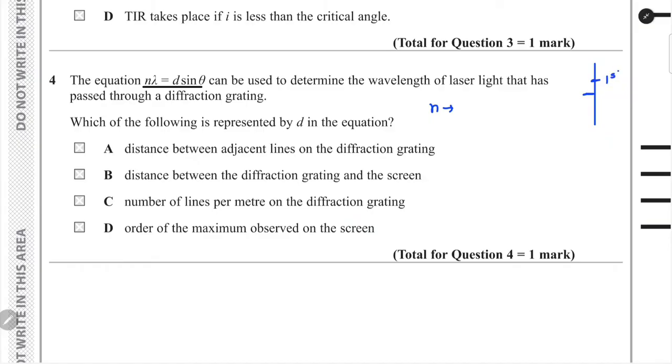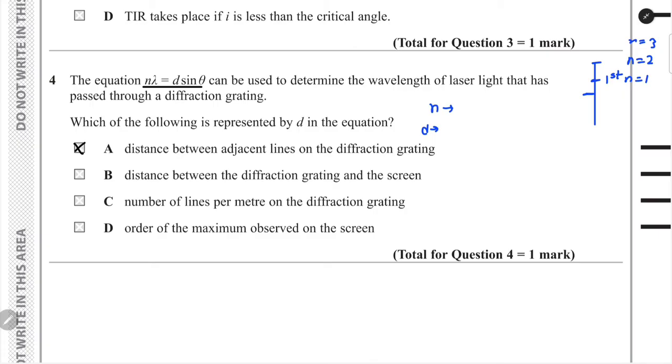Then we have our first maximum where n is 1, then the second maximum n is 2, the third maximum n is 3. So this is the value of n. D over here is the gap of the slit, or the distance between the adjacent lines in a diffraction grating. So A is the answer.